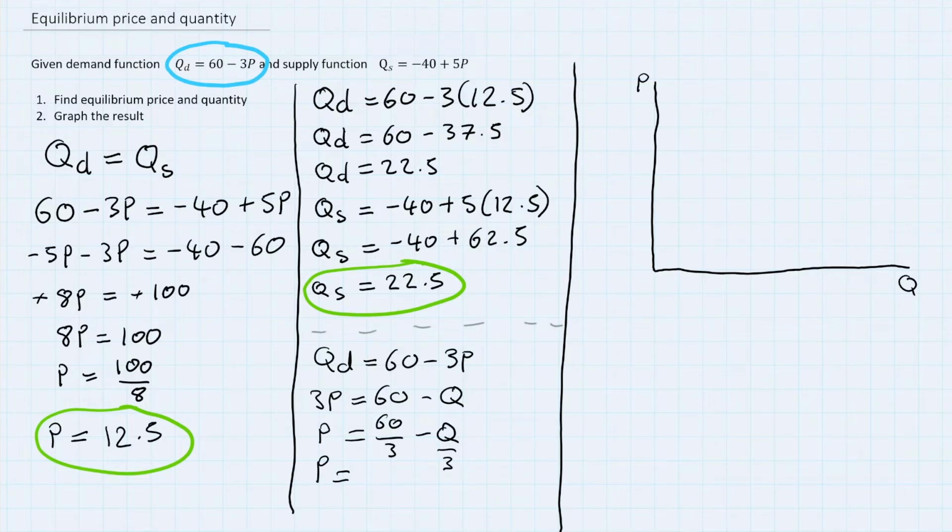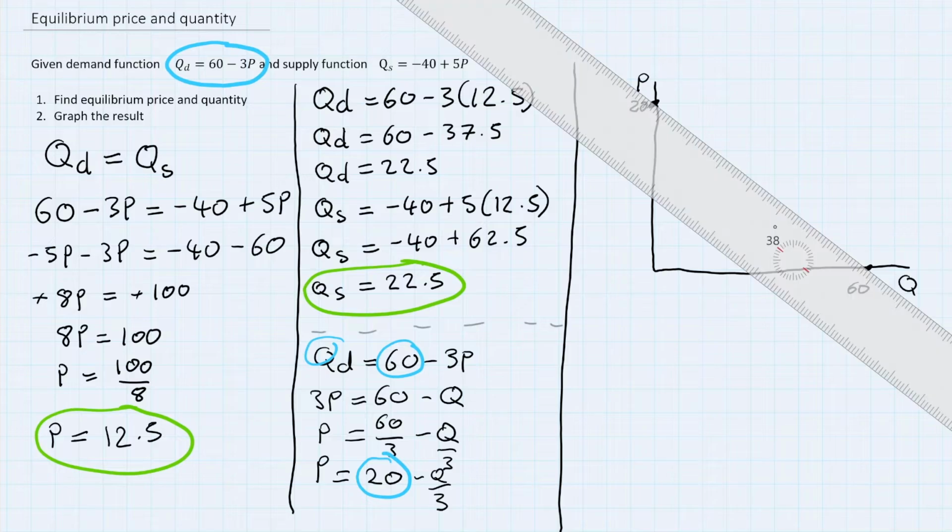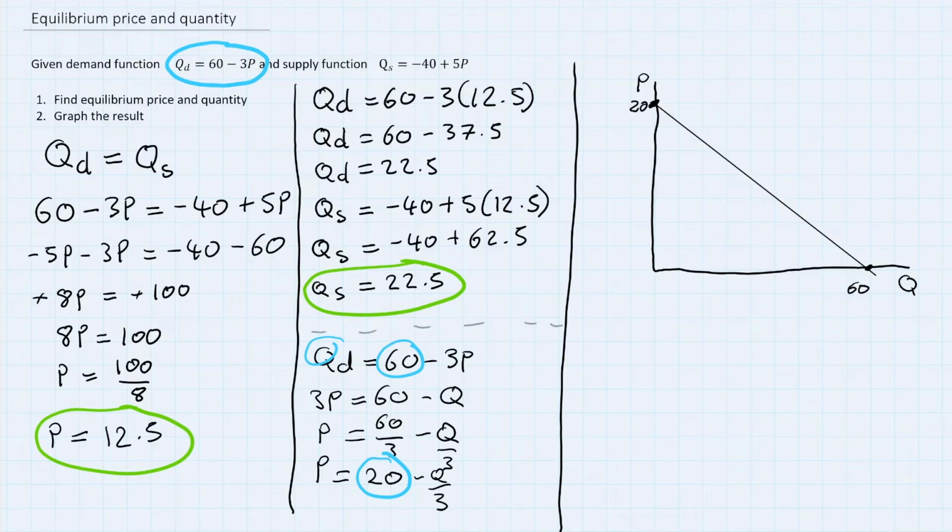Okay, just by doing some simple rearranging, we now know that the intercept for P is 20 and the intercept for quantity is 60. So let's plot those on our graph. And the last thing we're going to do is find the intercept for that supply curve.